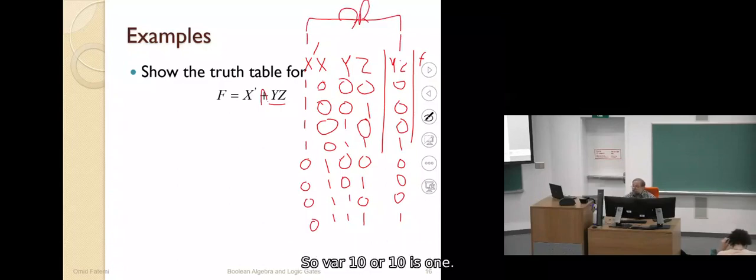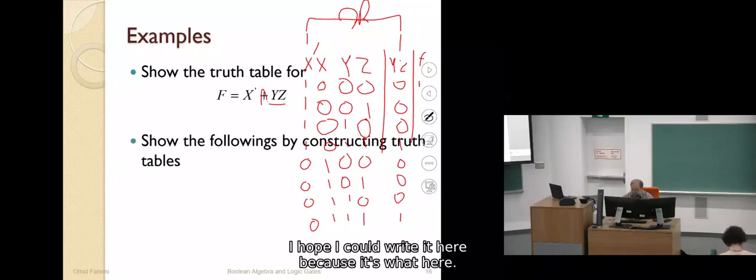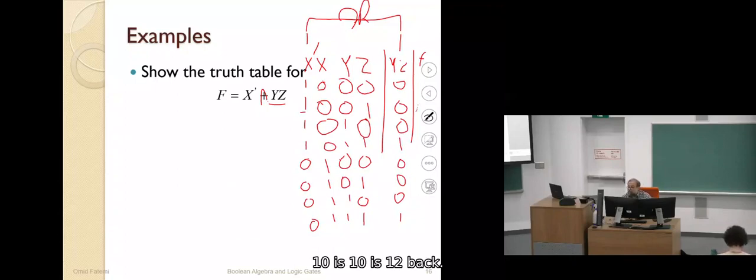So 1 OR 0 is 1. Oh, I hope I could write it here. 1 OR 0 is 1. Oh, too bad, I wish I had written it somewhere. 1 OR 0 is 1. 1, 1.